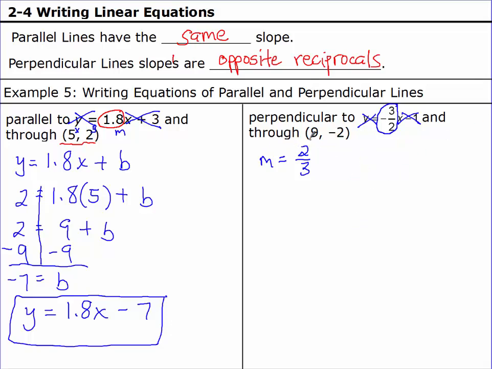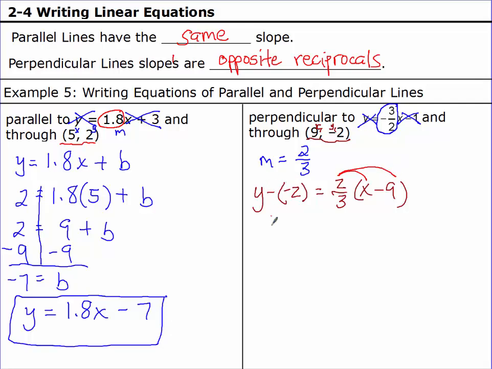Okay, and ours is going to go through this point. Again, we have an x and a y. I'll do this one in point slope for the point slope people. So y minus y1, so y minus negative 2 equals 2/3 times x minus x1, 9. Okay, so over here I'm going to distribute my 2/3.